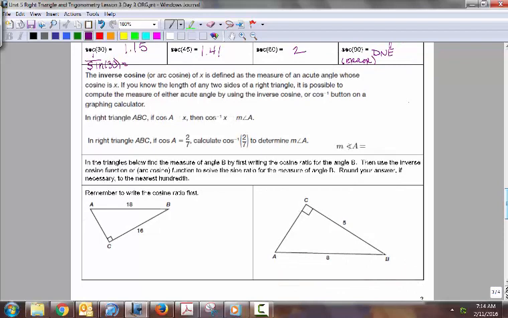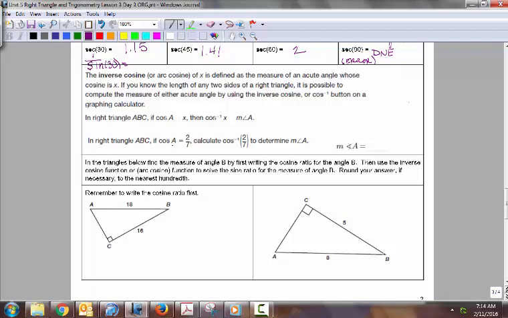All right, last little bit of the lesson, talking about the inverse cosine or arc cosine function. This is the one we need to use when we need to determine the measure of a reference angle. If we know the cosine ratio for an angle, then we can figure out the angle's measure by using the arc cosine or inverse cosine function.